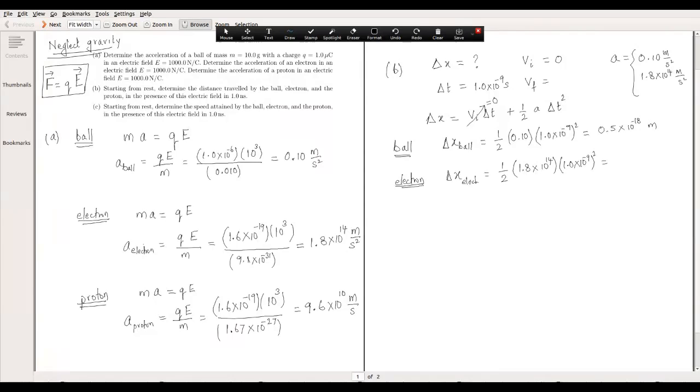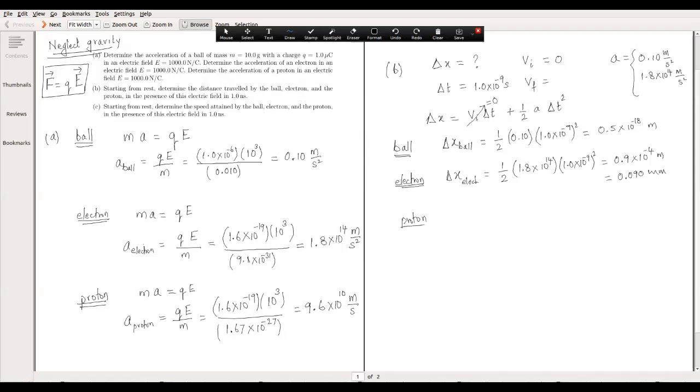That's about 0.9 into 10 raised to minus 4 meters, about 0.09 millimeters. Still small, but notice that with the huge acceleration and small time period, it can travel this much distance, which is large when you compare it to the size of an electron. So the scales are entirely different in this case.